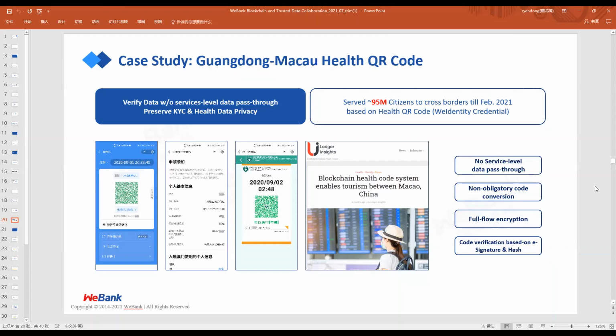It's much easier than bringing all the paper documents. The only thing they need to do is show the QR code on the front-end page, and all the data is transferred directly through the QR code and verified by blockchain and DID technology.